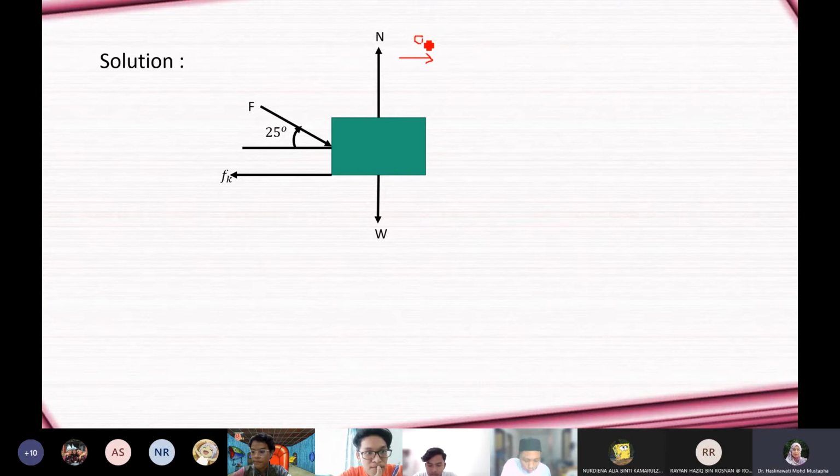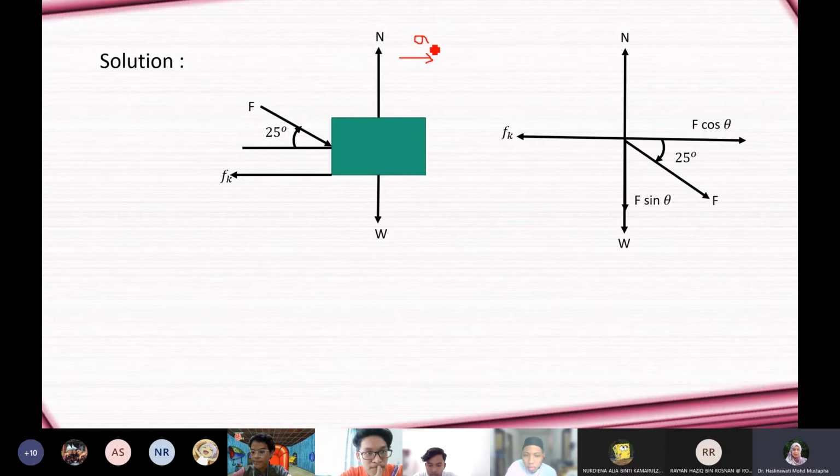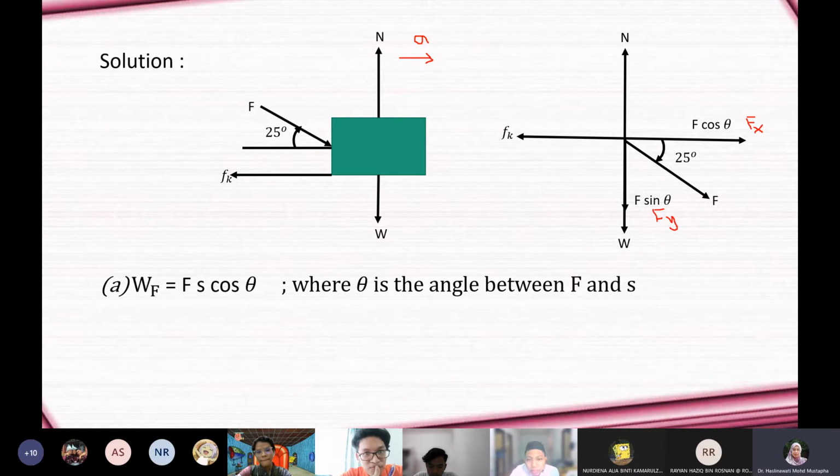And then, okay, this is the free body diagram yang kita lukis tadi. So, you kena resolve into Fx. Sini adalah Fx. Ini adalah Fy. Okay. Right.